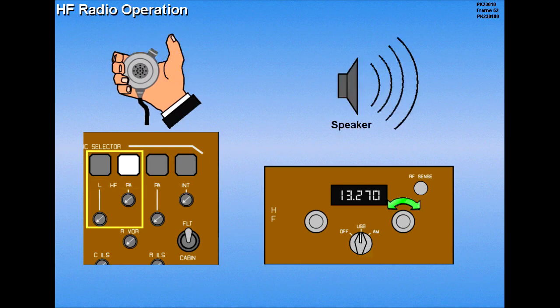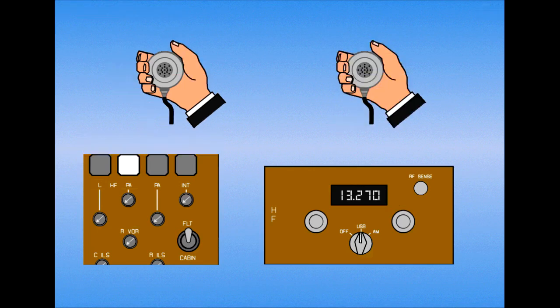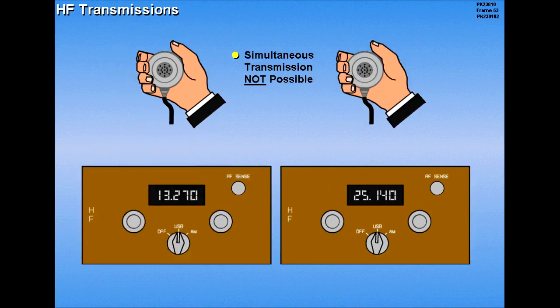A tone will be heard during the antenna tuning process. When the tone ceases, the tuning operation is complete and transmission is possible. Simultaneous transmission on both radios is not possible. Now let's try a question.